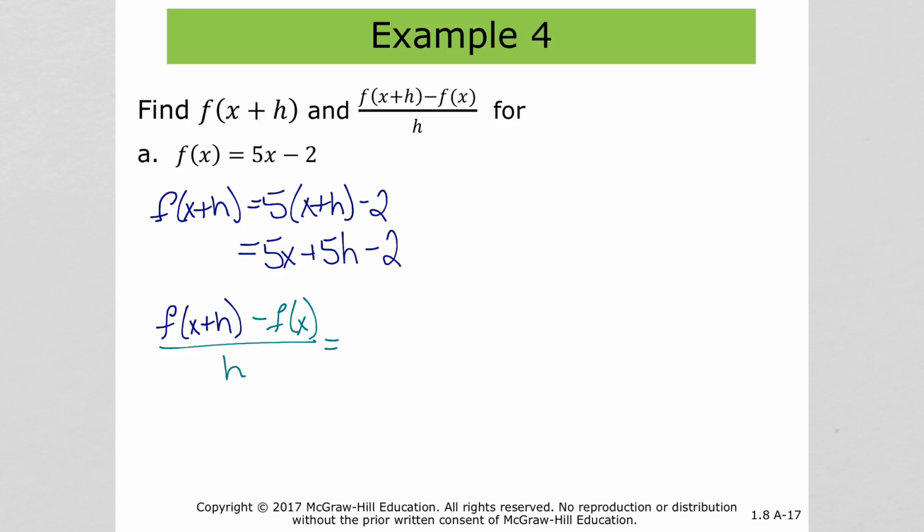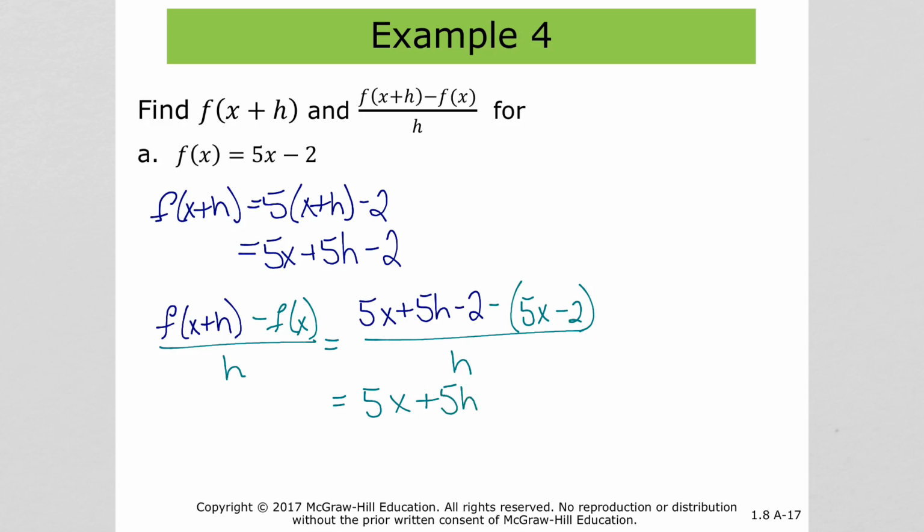Okay, so we've got our f of x plus h, which was 5x plus 5h minus 2. And then minus f of x. So we got to put this in parentheses, and f of x was 5x minus 2. And then divided by h. So we end up with 5x plus 5h minus 2 minus 5x plus 2 over h.